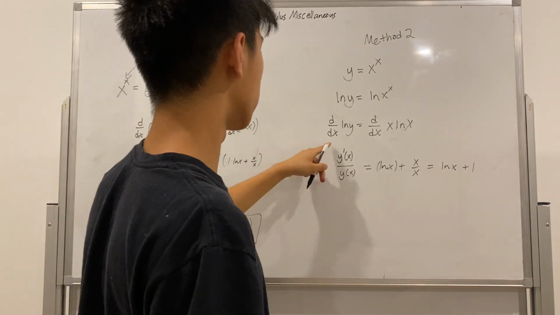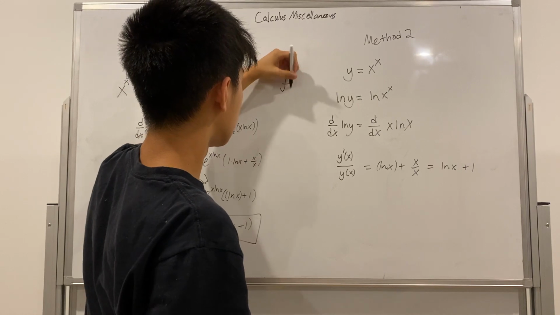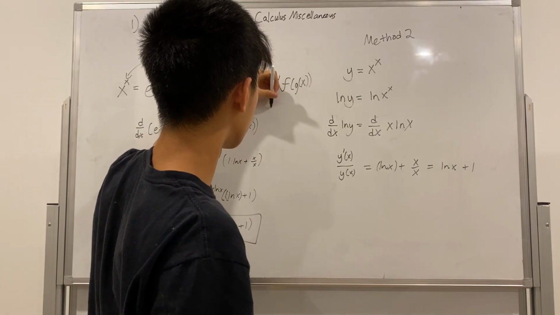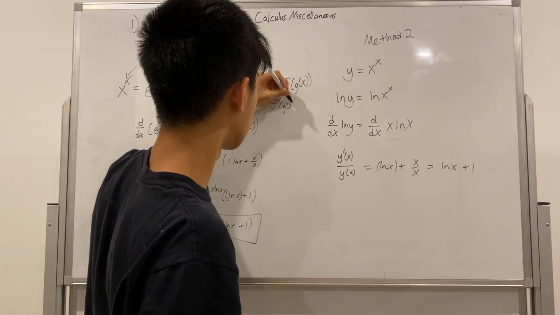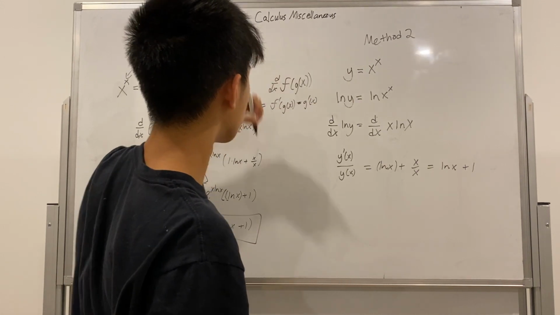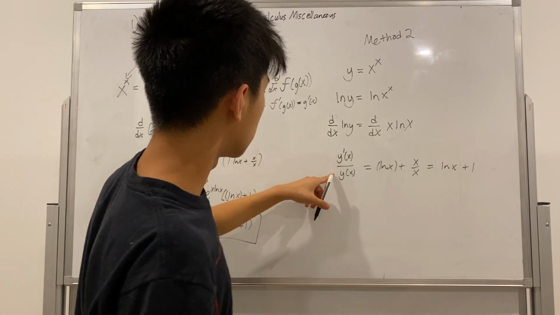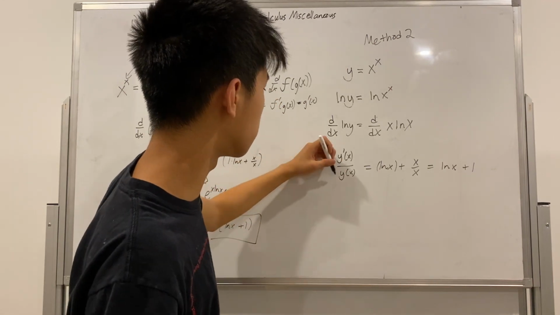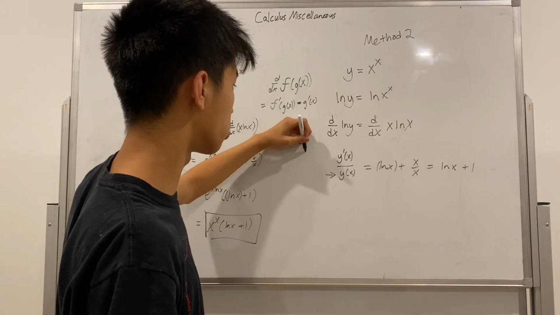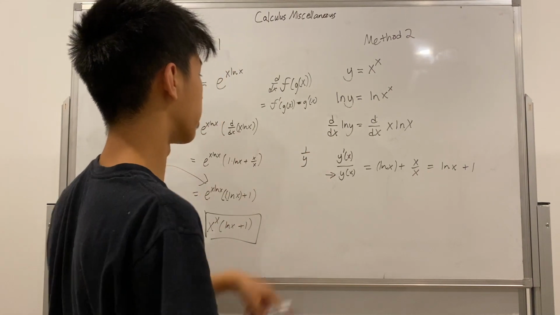And the reason why we could do that is because the chain rule tells us that if we have f of g of x, we take the derivative of this, you'll get f prime of g of x times g prime of x. So our f prime is going to be this here. F prime of g is going to be the y of x on the bottom because the derivative of ln y is 1 over y. Then whatever is on top, y prime, is g prime.